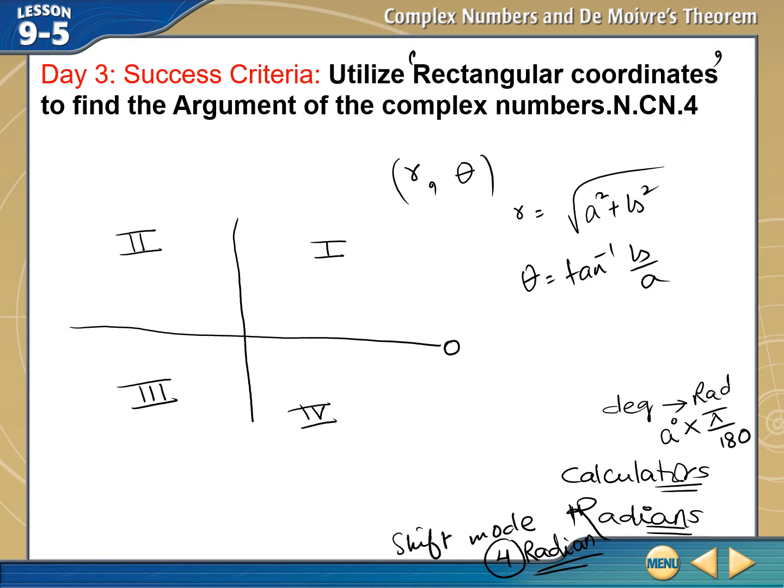Now this is 0 degree or 0 radian. Here it is pi over 2 or 90 degree. Now on this side it is 180 degree or pi radians. Now below the x-axis on this side we have 270 degree or 3 over 2 pi.